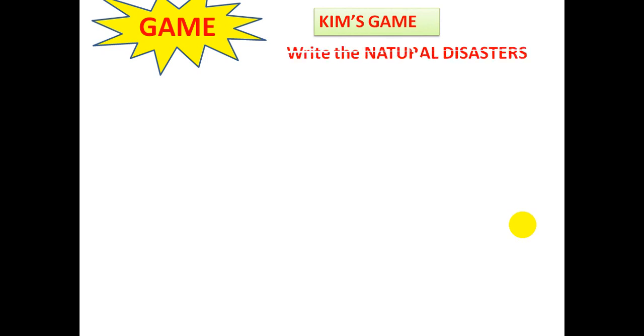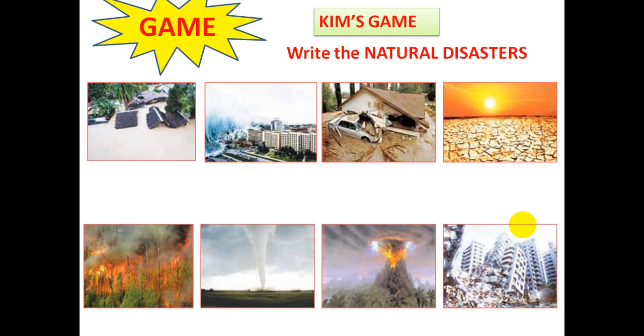Now, let's play a game. We practice some vocabulary. Now write the natural disasters. Now look at the pictures. How many pictures do I have? Oh yes, there are 8 pictures. Write the natural disasters under the pictures.